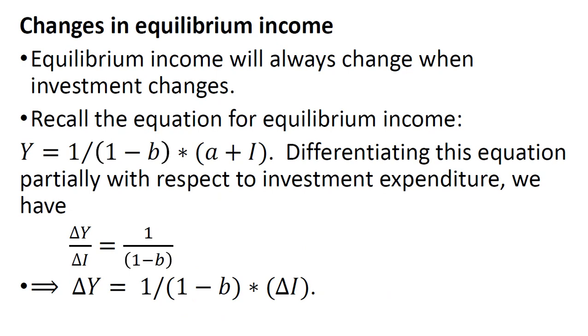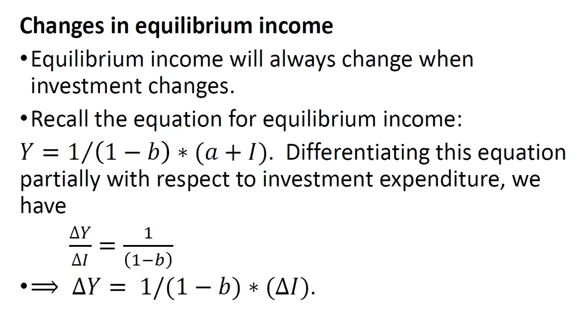We know that in every country's economy, incomes don't remain constant. So as the determinants of income change, we expect equivalent national income also to change. For instance, if there is an increase in investment spending in that economy, we expect it to affect equivalent national income.